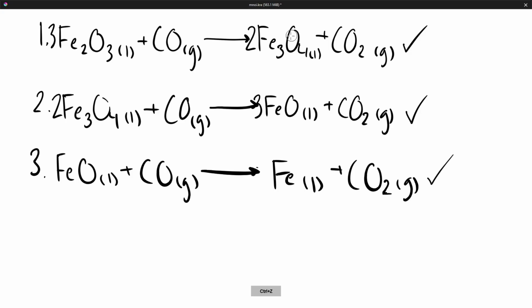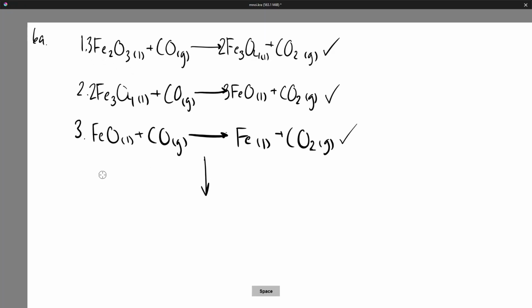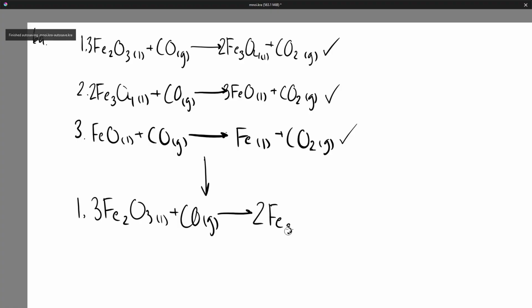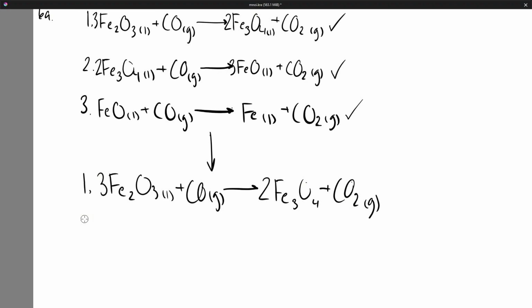Actually, but first we want to balance it now. Yeah, I'll bring it over. So 1 is the same. That's good. Now we want to balance this newly created one.